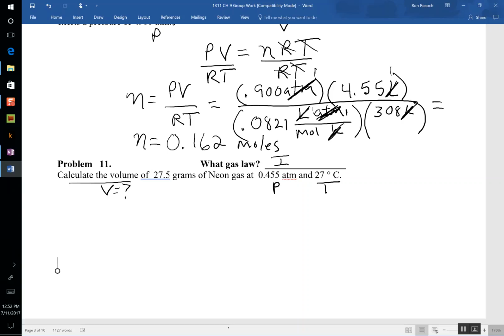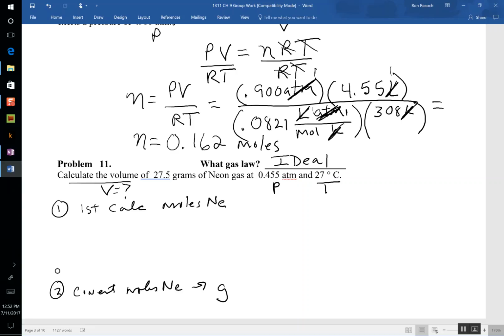So this is going to be an ideal gas law problem, but it's going to be a two-step problem. First calculate the moles of neon, and then convert the moles of neon to grams.